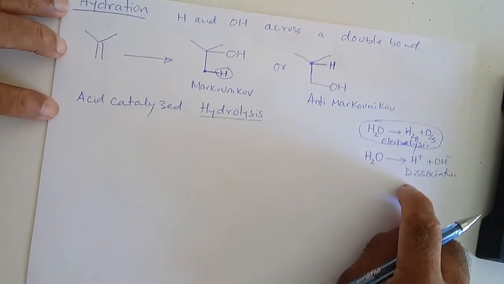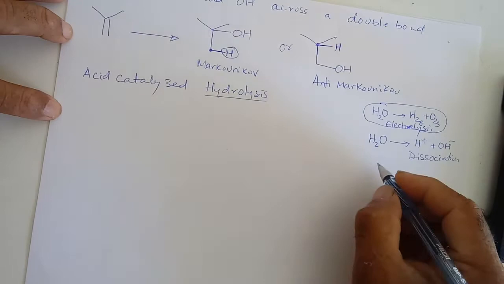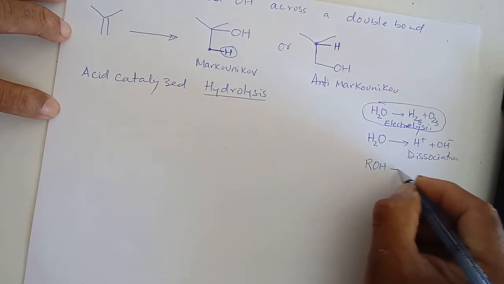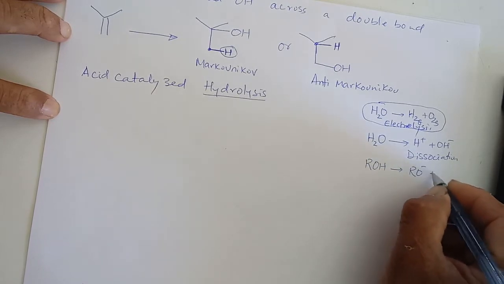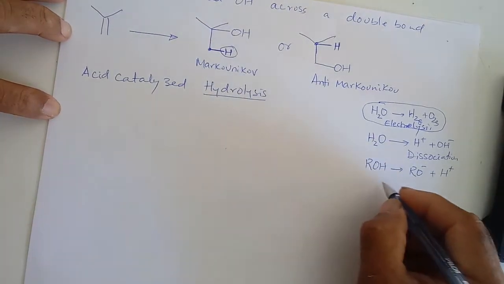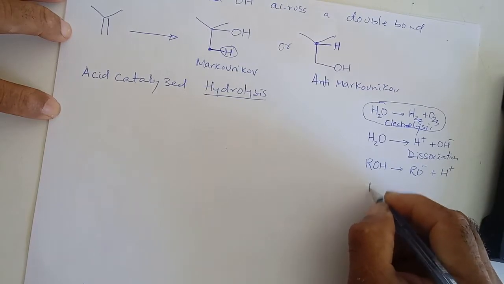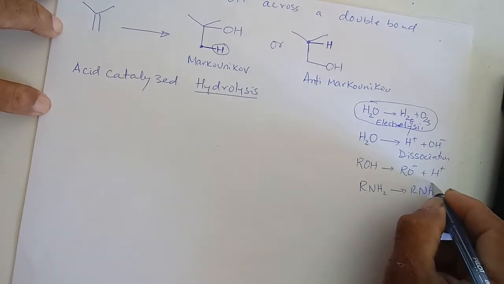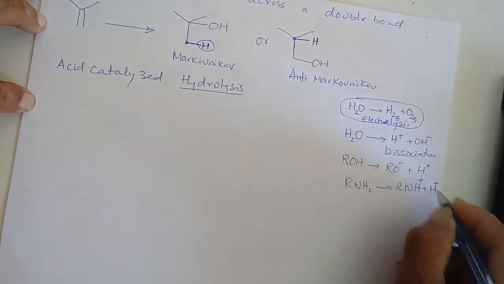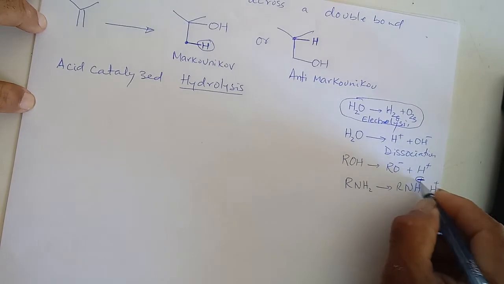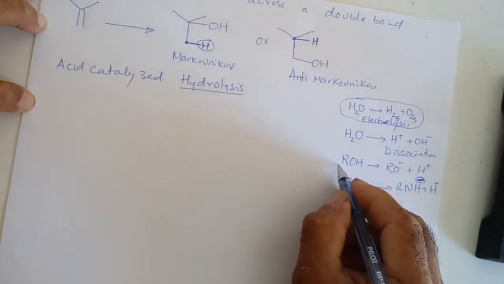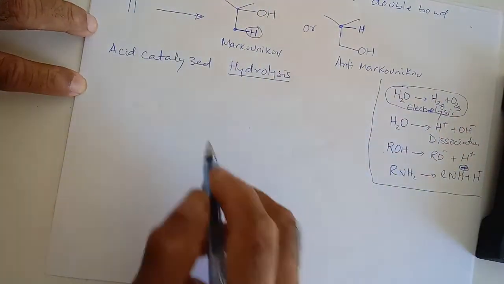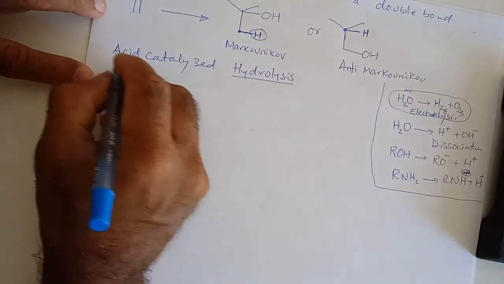So in organic chemistry, alcoholysis, for example, is ROH becoming RO minus and H plus. Aminolysis would be RNH2 yielding RNH minus and H plus. So this is aminolysis, this is alcoholysis, this is hydrolysis, okay? These are terminologies that we can reserve for our later conversation.